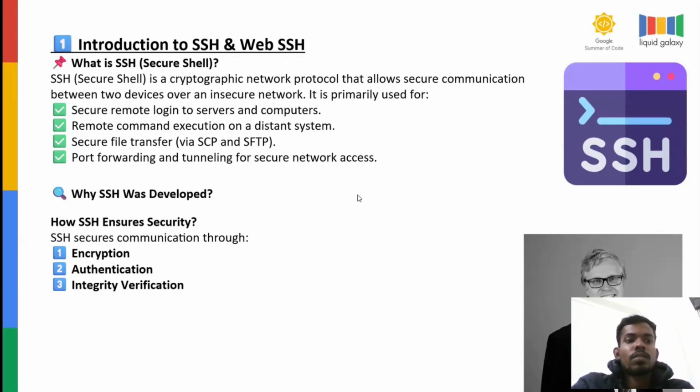The first one is secure remote login to servers and computers. The second one is remote command execution on a distant system. The third one is secure file transfer, and the fourth one is port forwarding and tunneling for secure network access.